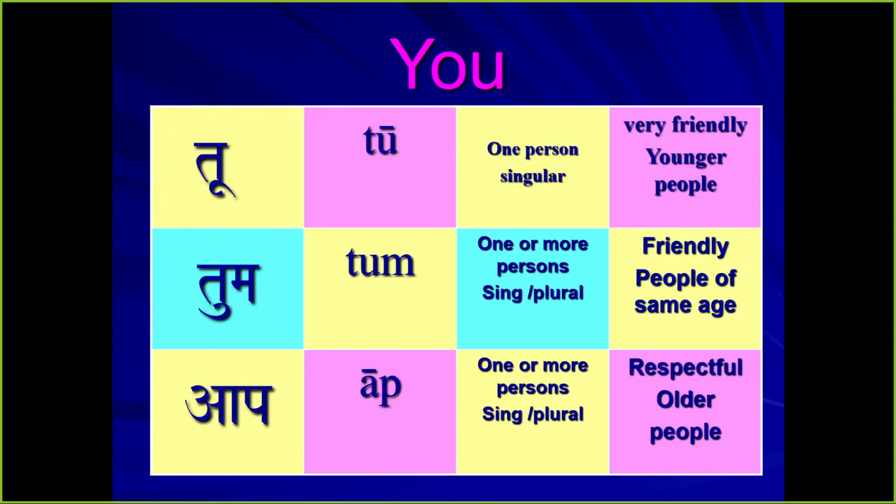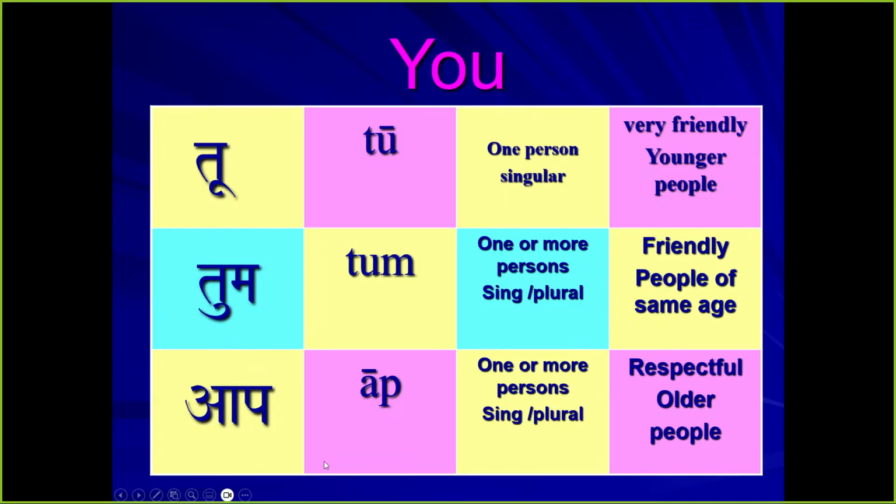Admi is man. So now you see there are three forms of you. Tu, tum, and aap. Tu is only used for one person, and this one person you have to be very friendly with, or that person is younger than you. Then we have tum. Tum could be used for one person or more than one person. These people are friendly with you, but not very friendly. You just know them probably, and they are of the same age as you.